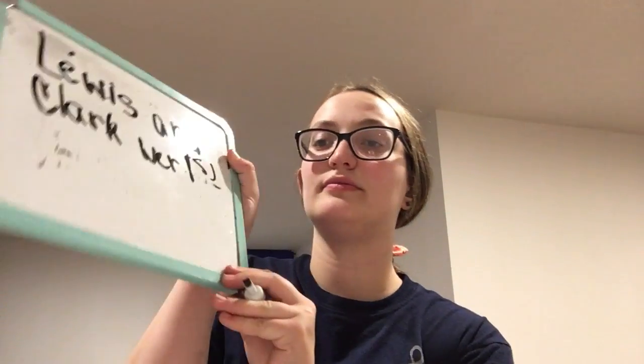As I think about all that information in my mind, I come up with the gist: Lewis and Clark were first to explore the territory west of the Mississippi. So I write that down right under my prediction, and I'm going to save that so I can add all my gists up together.